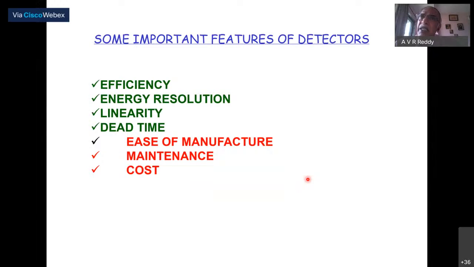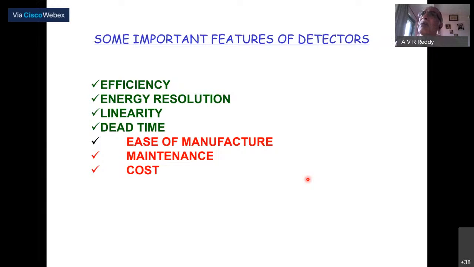And linearity is another vital thing, because we get a pulse height for a particular radiation after interaction in the detector. The pulse height that is produced should have linearity with the initial energy. Otherwise, it will be difficult to understand what could be the energy of the radiation that is interacting. So linearity is very important.